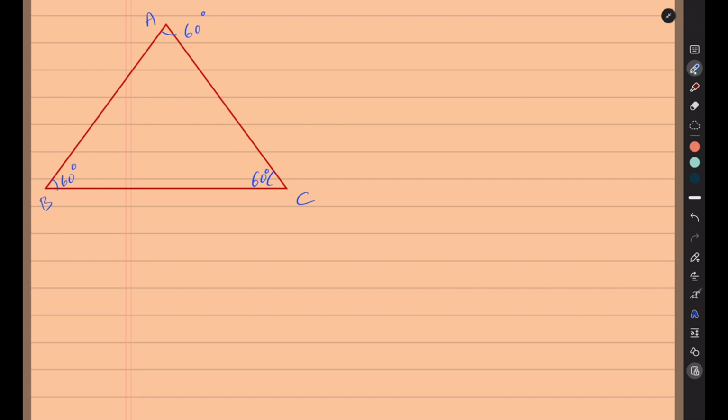Again, let us do some constructions here. Put a perpendicular line from A. Call it D, for example. When we put a perpendicular line, we know that this is 90 degree, isn't it?